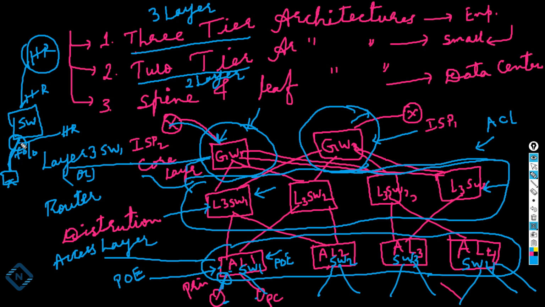Next day when you come, you will observe you cannot access, and you will complain to the IT department. They will come, check, and do the troubleshooting, and they have the MAC address of whoever tried to access. They will shut and no shut the port, put it down and up, then it will start working. So that is port security. Later we are going to do that.